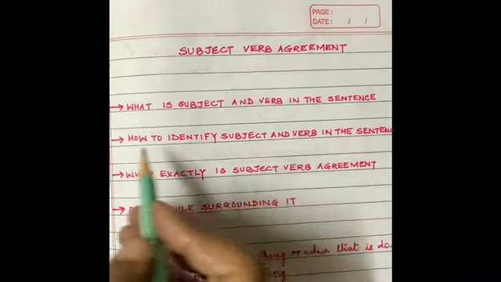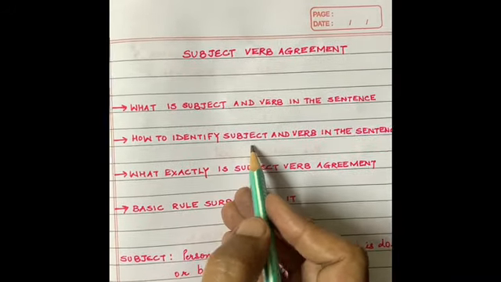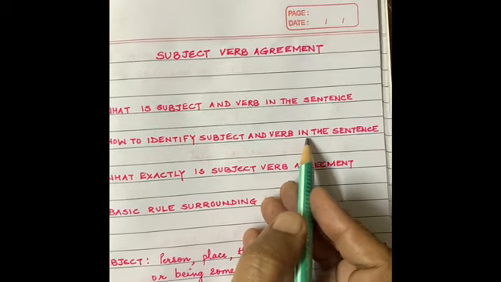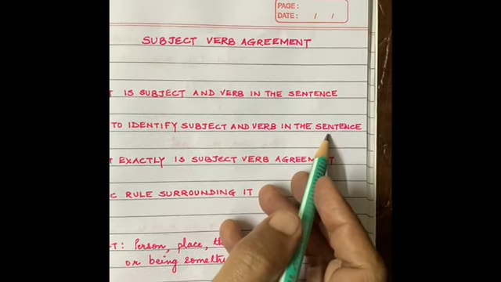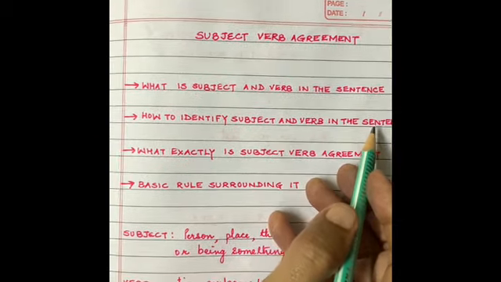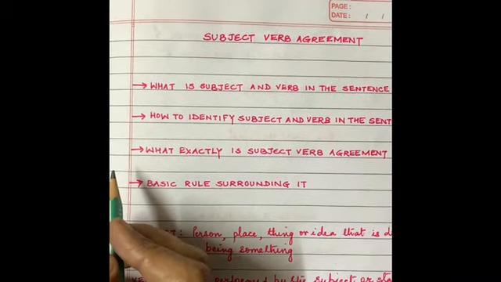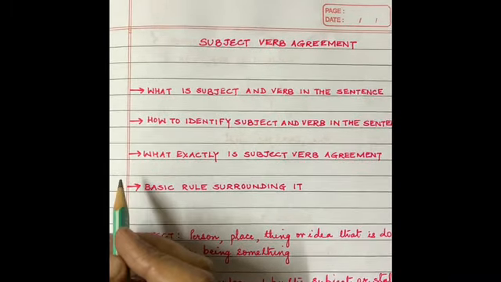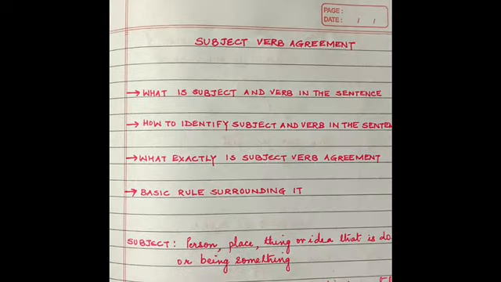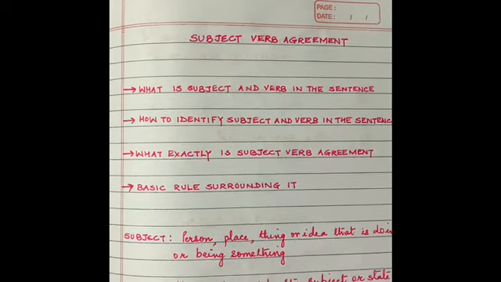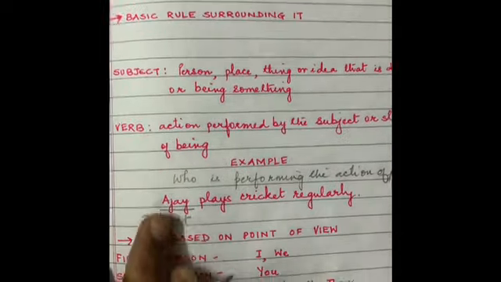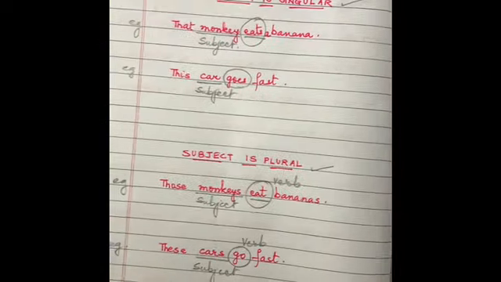Then we understood how to identify the subject and verb in the sentence. Then, what is subject-verb agreement? Finally, we went through some of the general examples of subject-verb agreement.